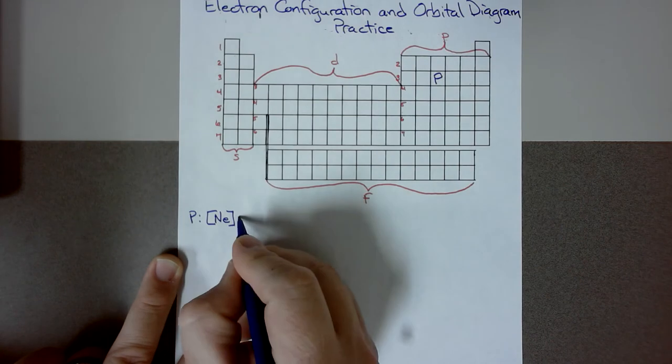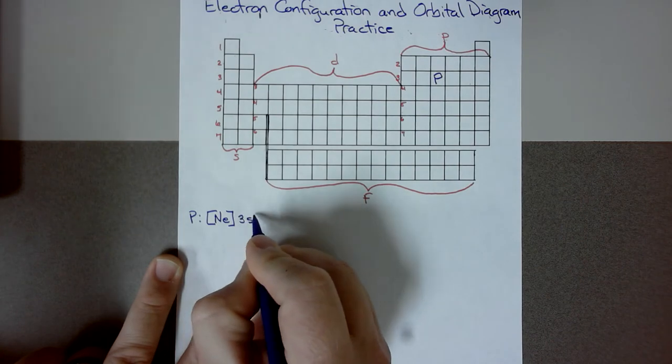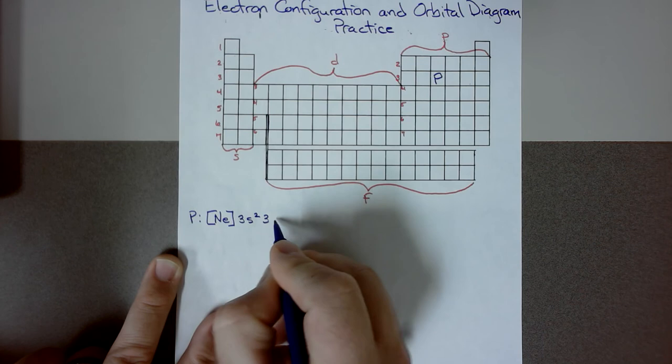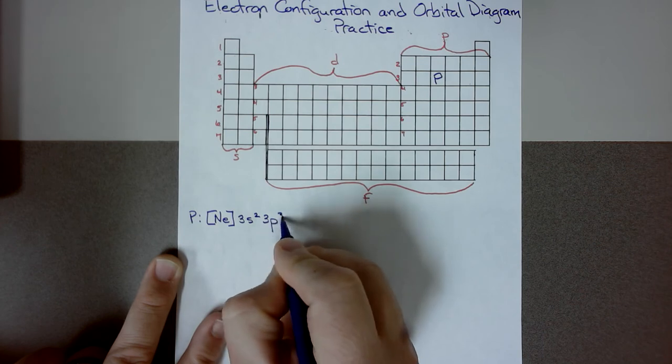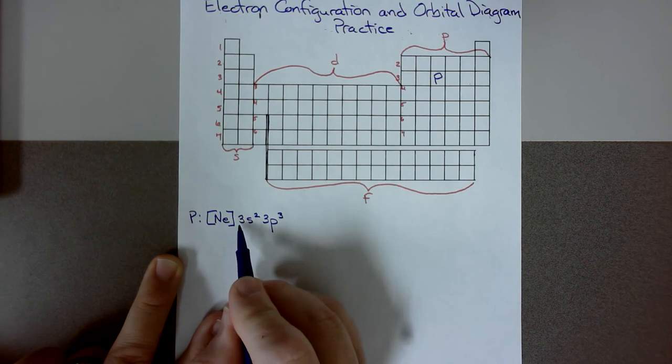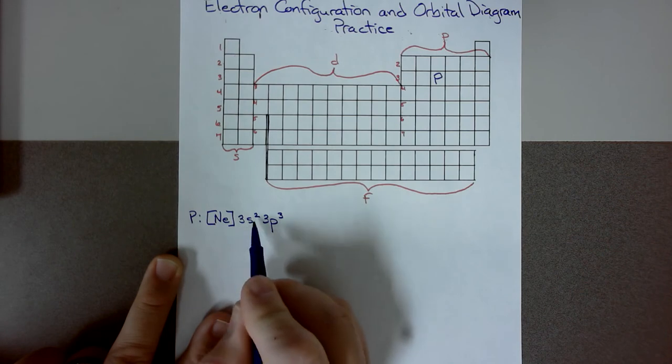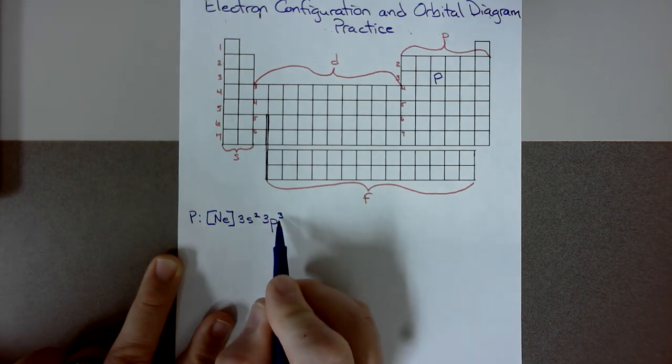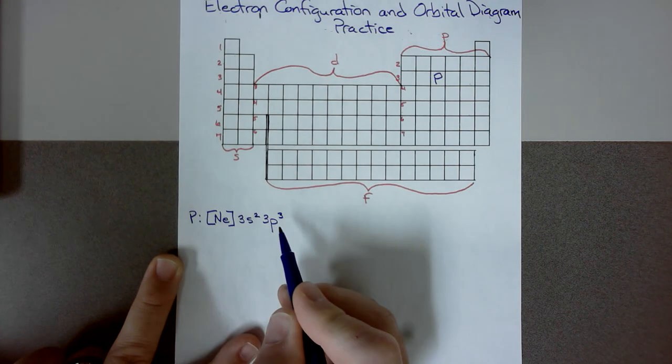So I'd say 3s 2, 3p 3. And when I look at this, I notice that on the outer energy level, the third energy level, I have 2 plus 3, 5 electrons. So that's 5 valence electrons for phosphorus.